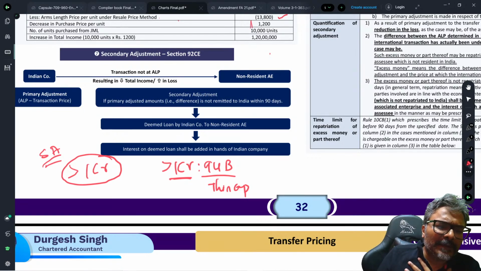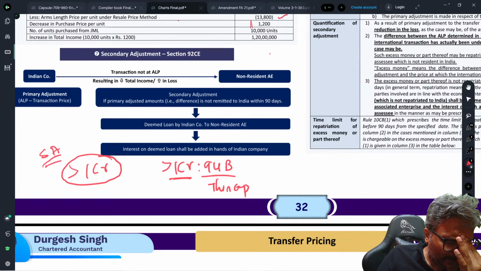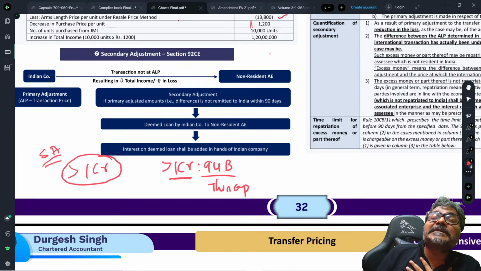Here, students, in this particular context, what we say is this: the difference between the ALP and the transfer price, if it is more than rupees 1 crore, then the additions that you will do in your solution, you will refer to as a primary adjustment, because the addition is going beyond rupees 1 crore.